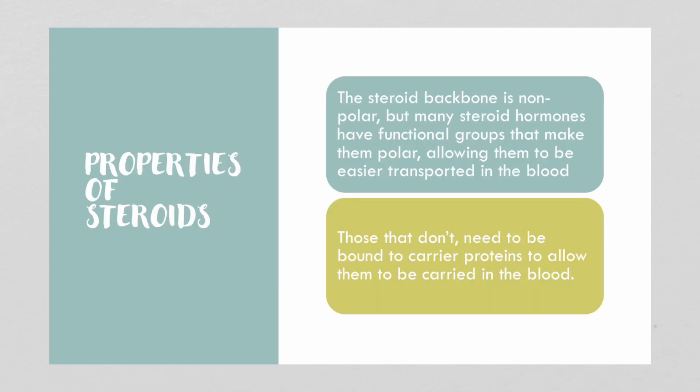So the properties of steroids. The backbone itself is nonpolar because there's no polar functional groups. But a lot of steroid hormones are polar because they do have functional groups that make them polar, and that allows them to be transported more easily through the blood. The ones that don't have polar functional groups have to be carried by carrier proteins that will allow them to get transported through the blood.